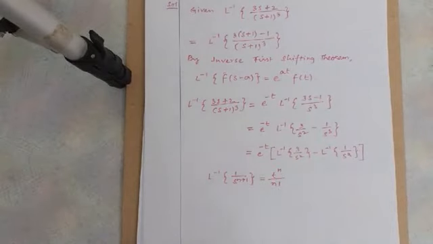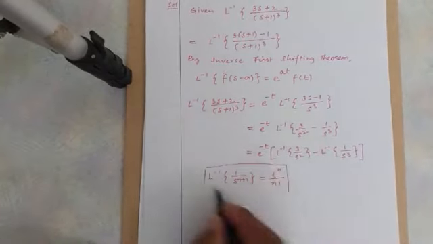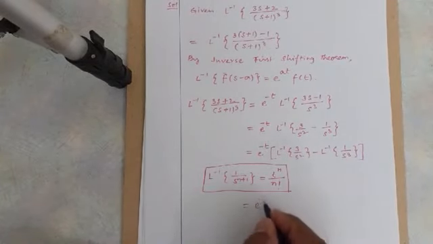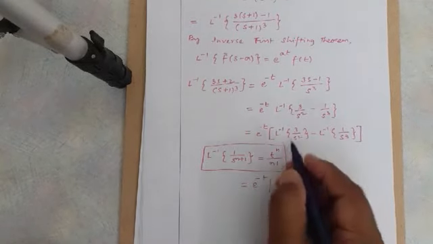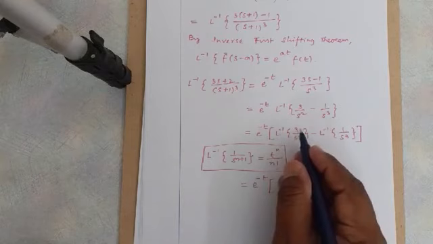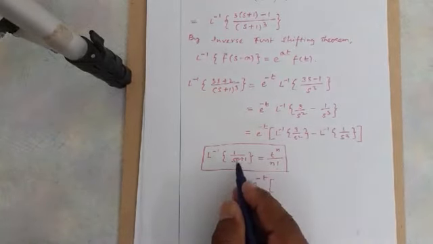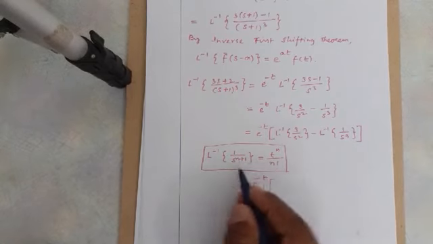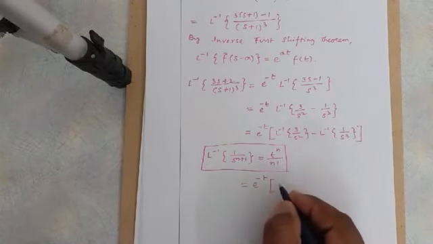This is the formula you have. So when you apply this formula, this becomes e power minus t, and in the bracket, 3 is outside, L inverse 1 upon s square. So s square can be written as s power 1 plus 1. So n is 1, so we can write t power 1 by 1 factorial. So that becomes only t.